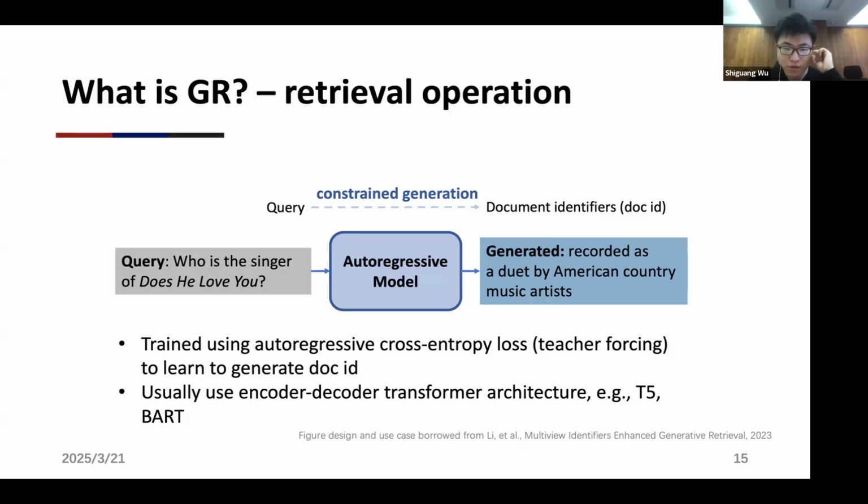Usually this autoregressive model uses an encoder-decoder transformer architecture like T5 or BART. After training this model, we can use constrained generation to get a valid document identifier, so we know which document the model is generating. So we complete the whole retrieval process.